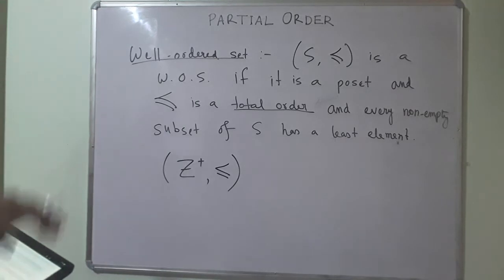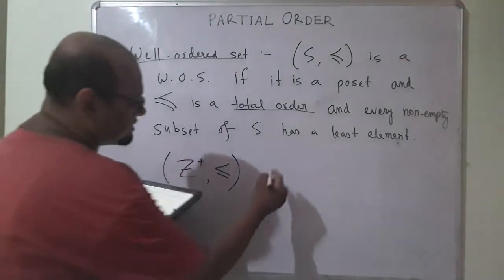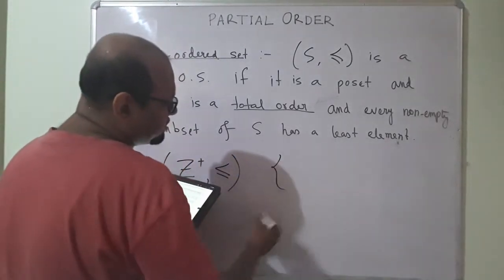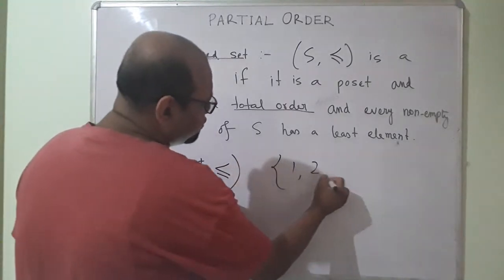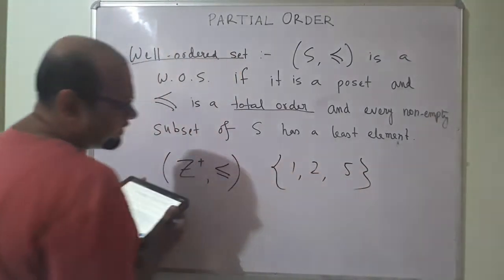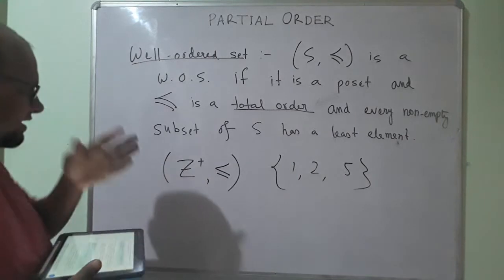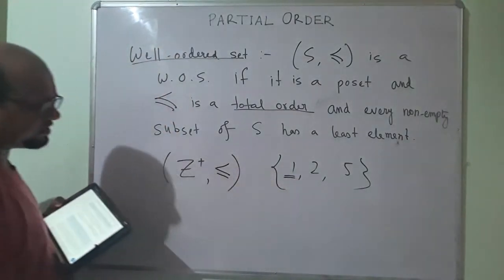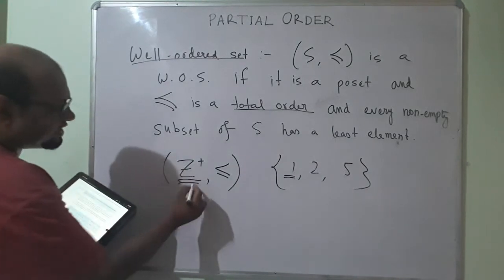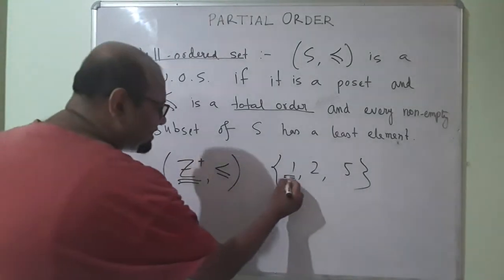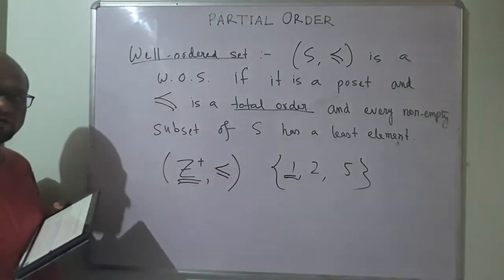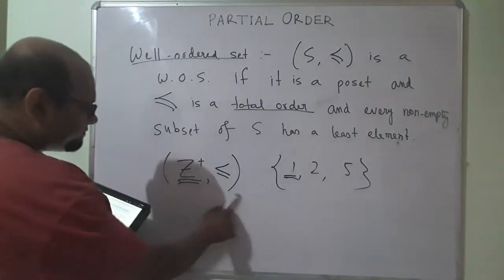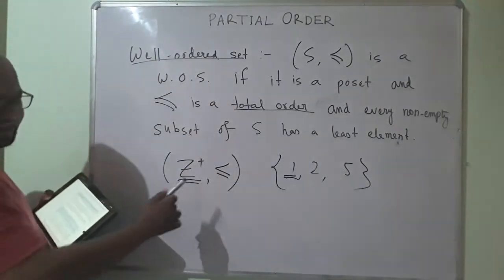If I take any subset out of this, what are my possible subsets? 1, 2, 5, anything. What is the least element in here? According to this relation, this is the least element. If I take the entire Z plus, what is my least element? This itself is my least element. So this is a well-ordered set.